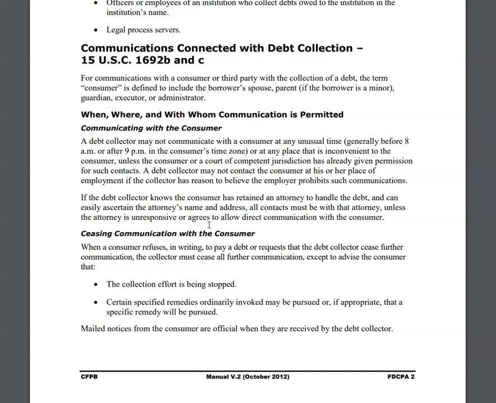When, where, and with whom communication is permitted. Communication with the consumer. Now, pay attention to this. A debt collector may not communicate with a consumer at any unusual time, generally before 8 a.m. or after 9 p.m. in the consumer's time zone. That means that they cannot call you before and they cannot call you after.